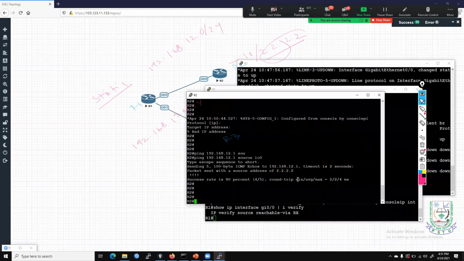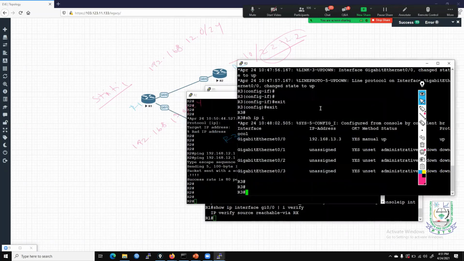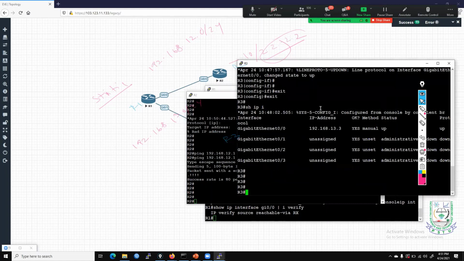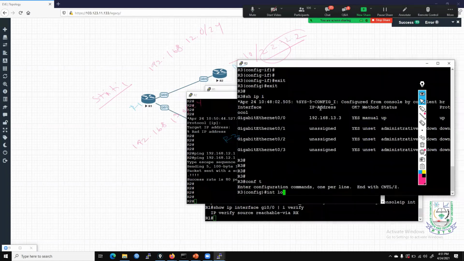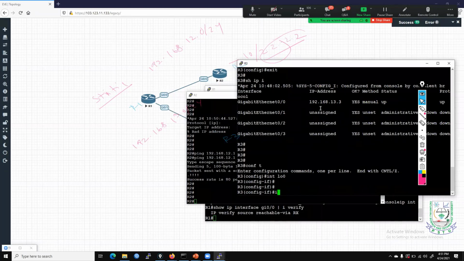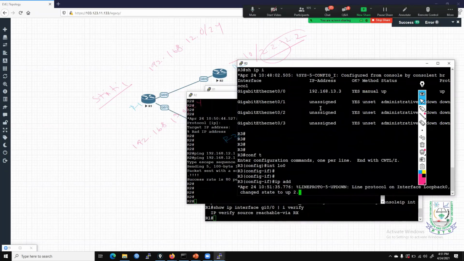So if we now create a loopback interface on R3, the same loopback interface, say interface loopback 0, IP address 2.2.2.2, 255.255.255.255.